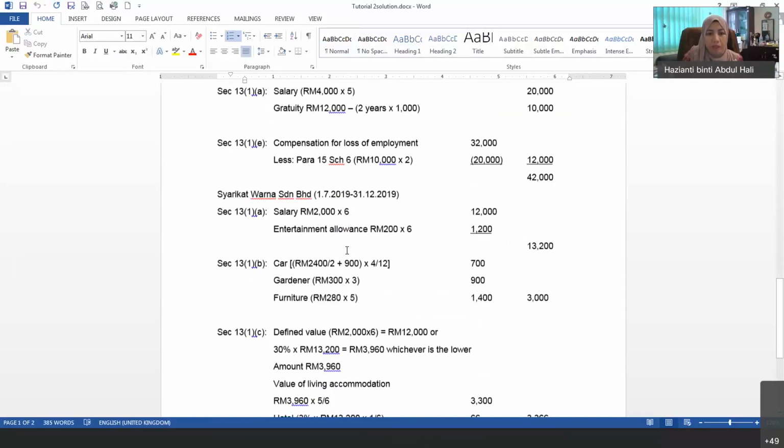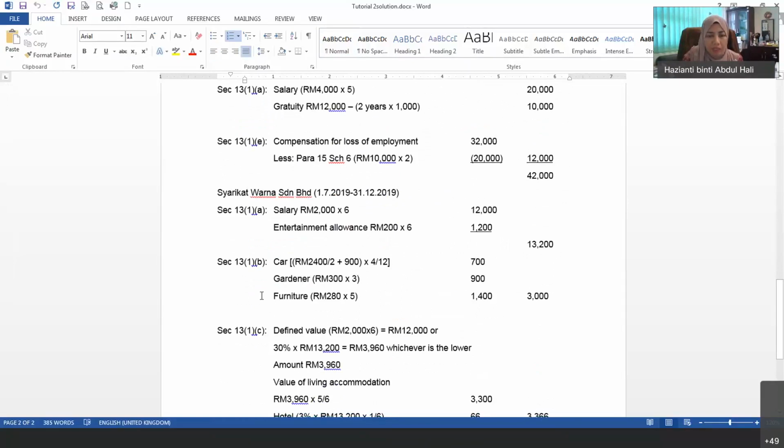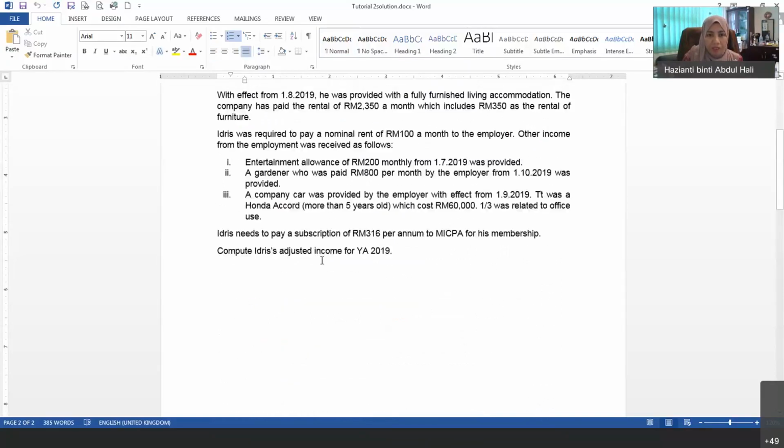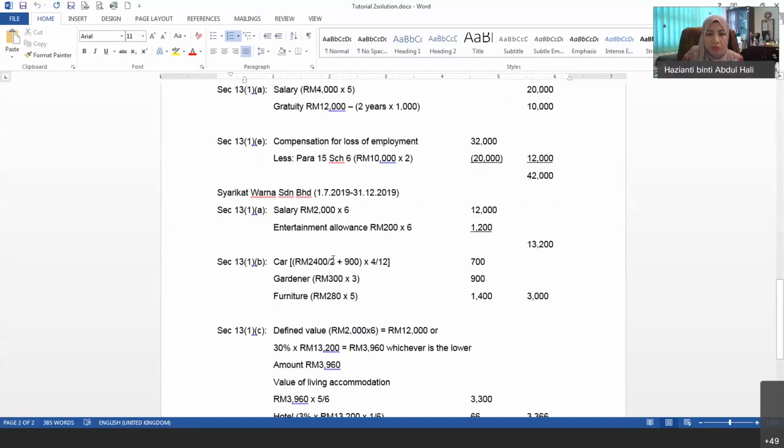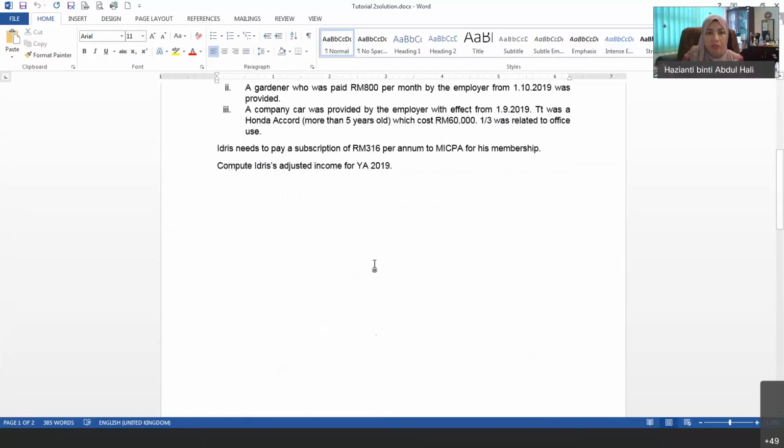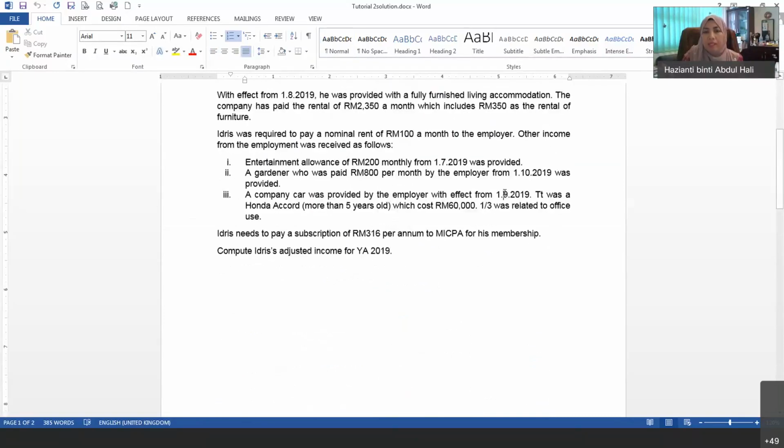So that is section 31A, and then we go to section 31B. He gets a car, more than 5 years old. The Honda Accord cost here is 60,000. So you go to the benefit income table, and the car is more than 5 years old, so half: 2,004 divided by 2 plus 900. Do not forget the fuel. He only used the car for 4 over 12 months, because he gets the car in September.